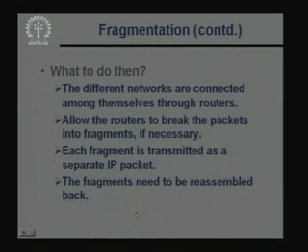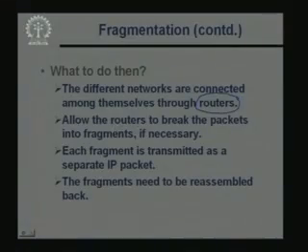Well, now assuming fragmentation is required, let us see what is actually done in a network. Now, you know that a number of networks can be connected among themselves through network devices called routers. Now, when a packet enters a network through a router, the router will have knowledge of the MTU of the network which the packet is trying to enter.